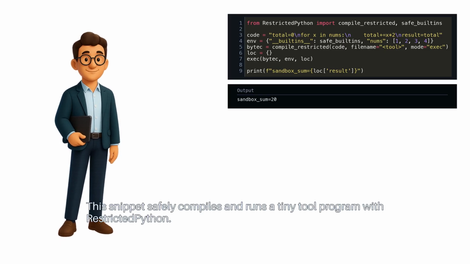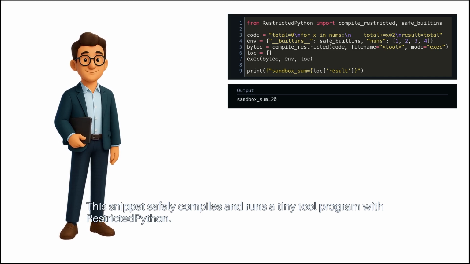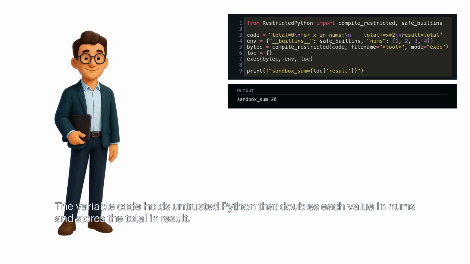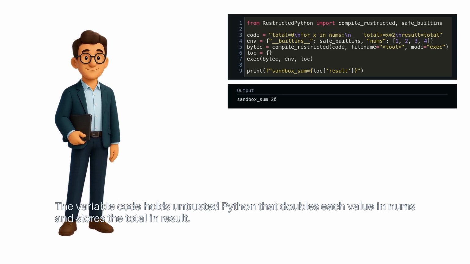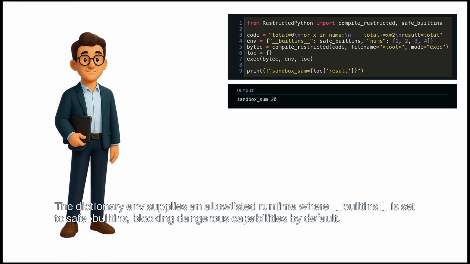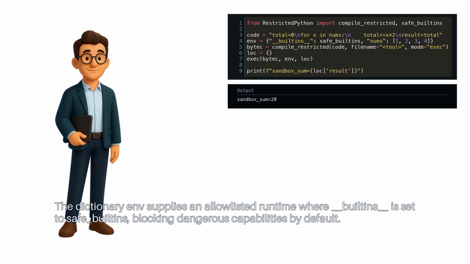This snippet safely compiles and runs a tiny tool program with RestrictedPython. The variable code holds untrusted Python that doubles each value in nums and stores the total in result. The dictionary env supplies an allowlisted runtime where builtins is set to safe builtins, blocking dangerous capabilities by default.